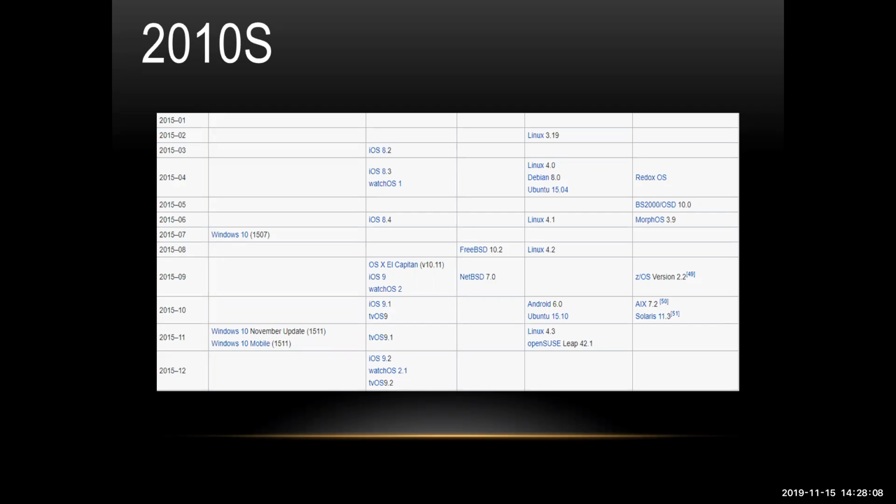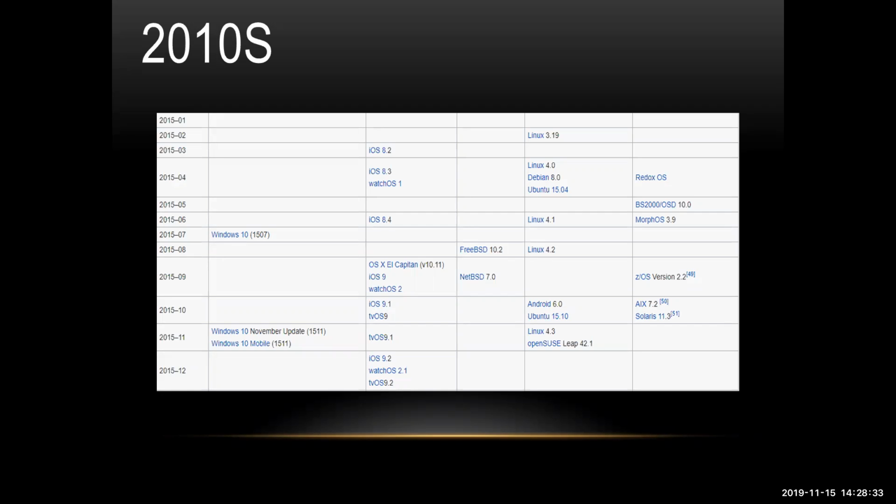And then August, we had the FreeBSD 10.2, Linux 4.2. Then September, we had the OS X El Capitan, iOS 9, Watch OS 2, NetBSD 7.0, z/OS version 2.2.